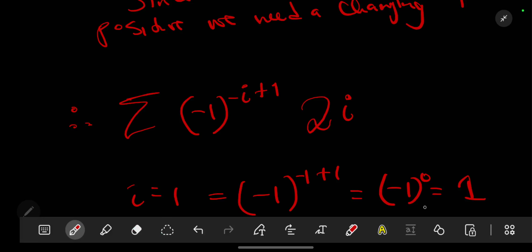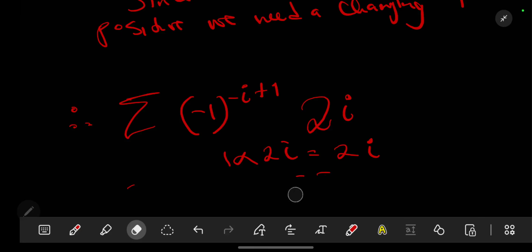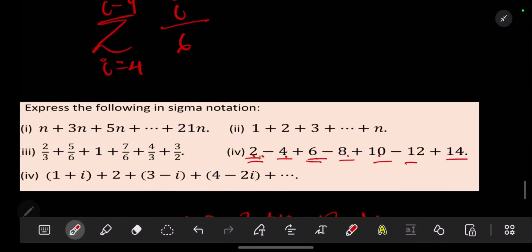So +1 times the 2i will give you 2i, which we want to see. So we have our 2. We are getting the first value.